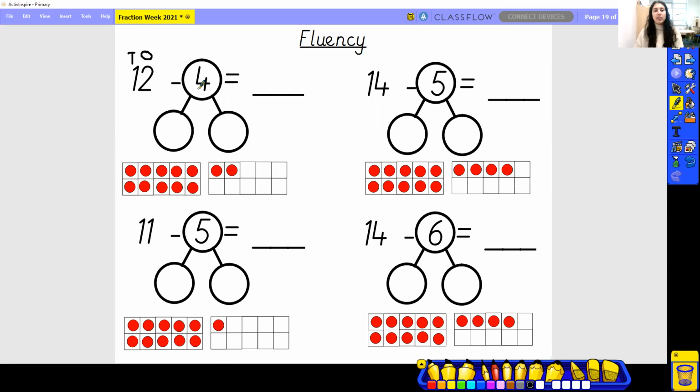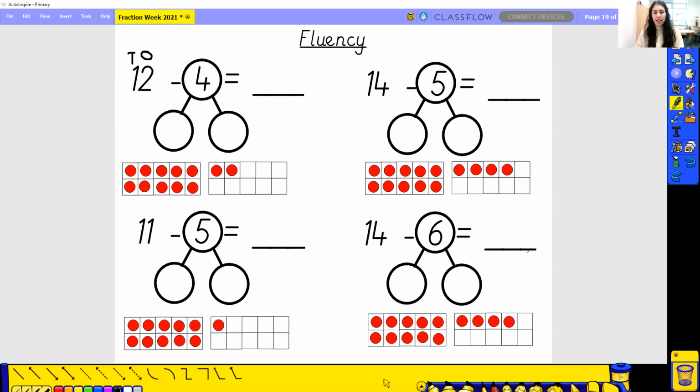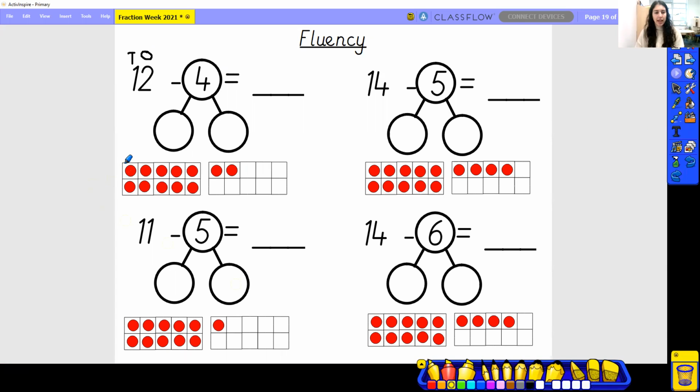So the first thing that we're going to do, remember, this is the make 10 strategy. So we need to think, what do I need to subtract from 12 to be able to make 10? So hopefully you can see, if I just highlight here, this is our full 10. How many counters do I need to subtract to leave me with my full 10?